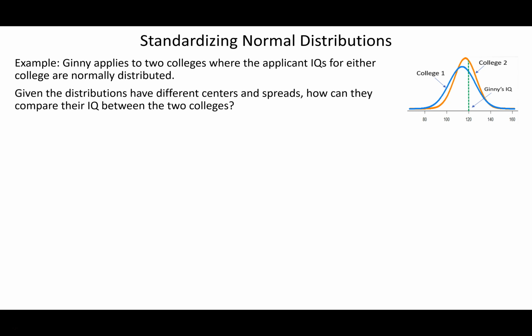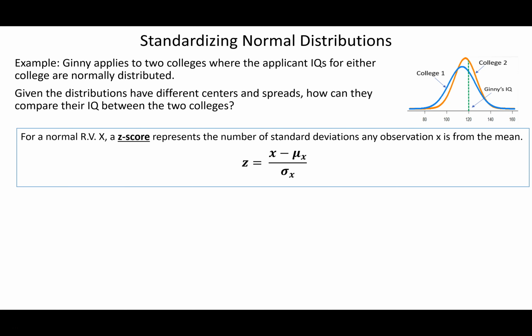Given that they have these different centers and spreads, how can we compare them? We're going to focus on Ginny, who has an IQ of 120. We want to figure out how to compare how Ginny did at college 1 to college 2 when we don't have the same distribution for both of them.